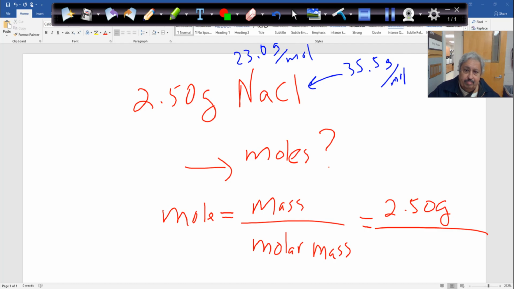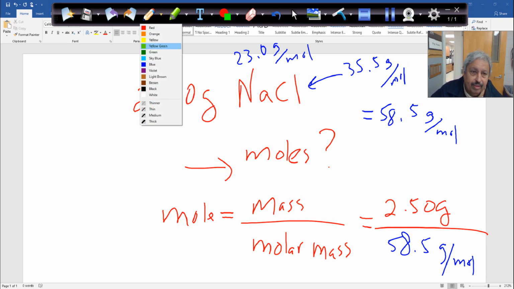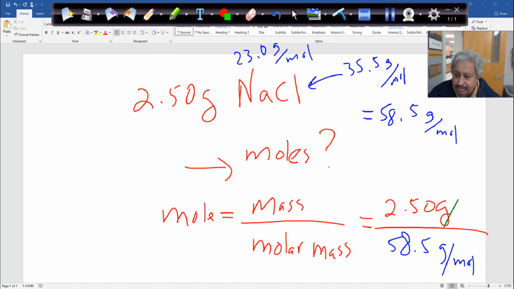Add them up and this one here will be 58.5 gram per mole. So the gram with the gram cancels out, and the mole will come up there.